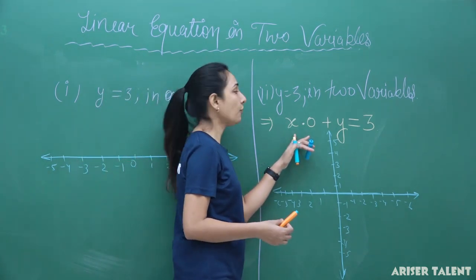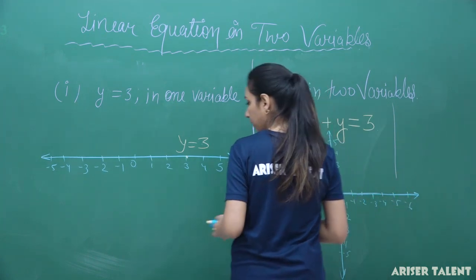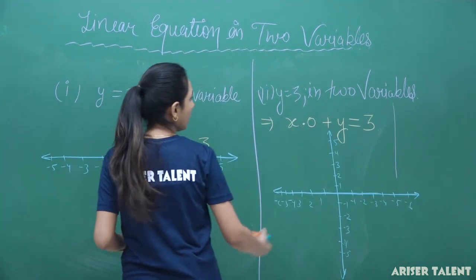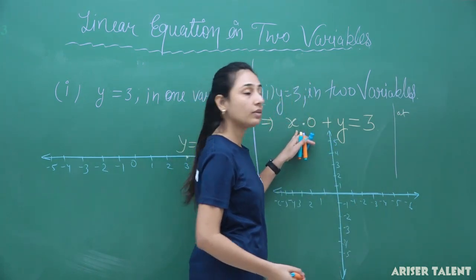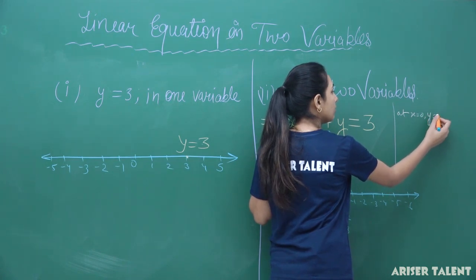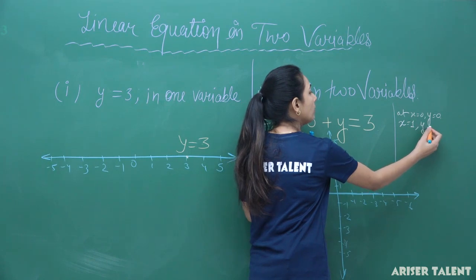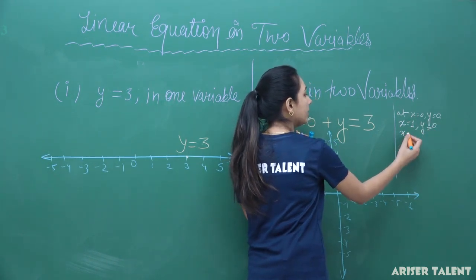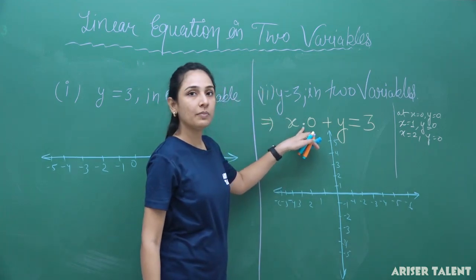At x equals to 0, y equals to 3; at x equals to 1, y equals to 3; at x equals to 2, y equals to 3, because x is multiplied by 0.